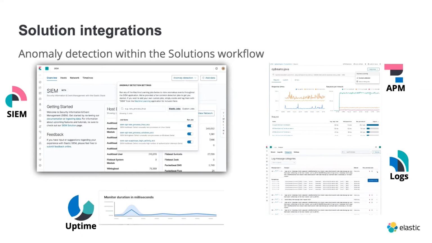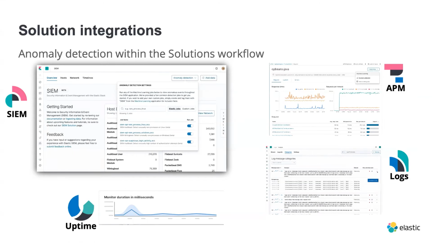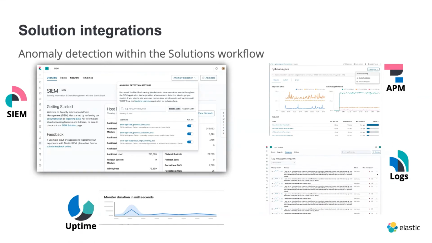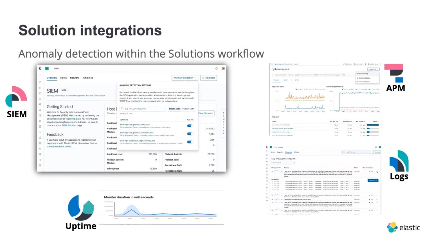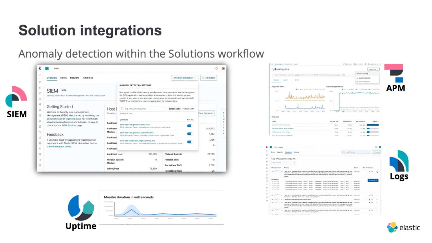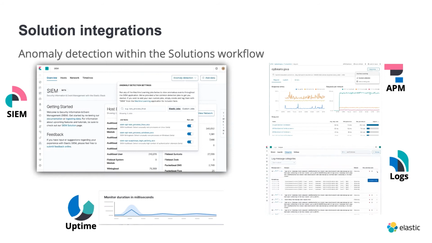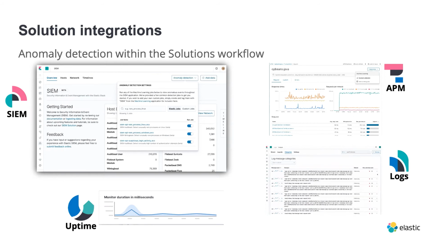When we're talking about SIEM, for example, we have powerful machine learning algorithms to identify potentially malicious behavior. In the logging workflow, we're automatically categorizing log messages for you, and we're automatically bubbling up to you unusual log messages. In the APM space, we're doing unsupervised anomaly detection.